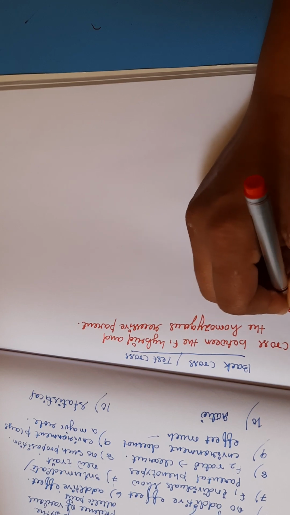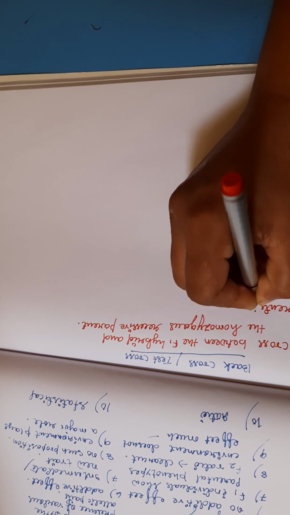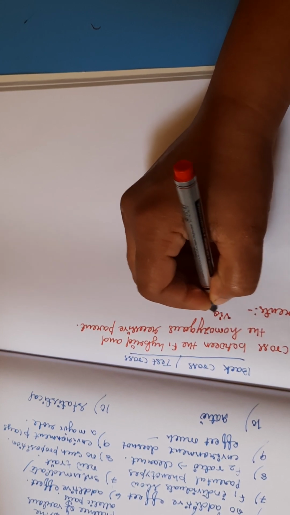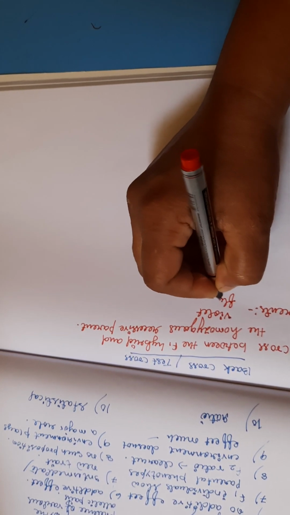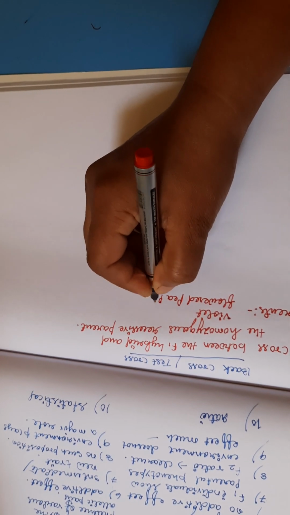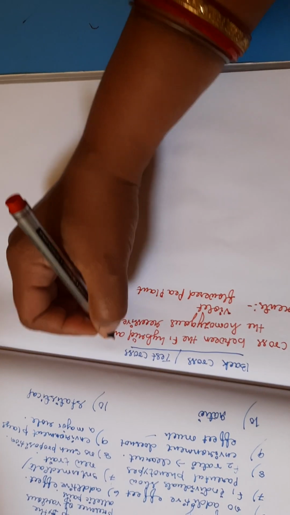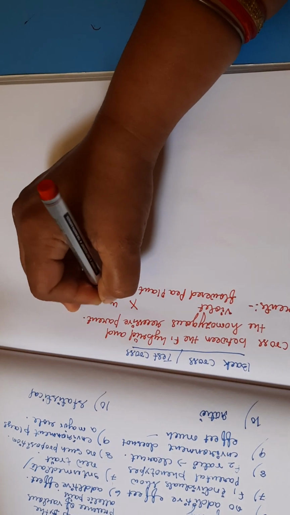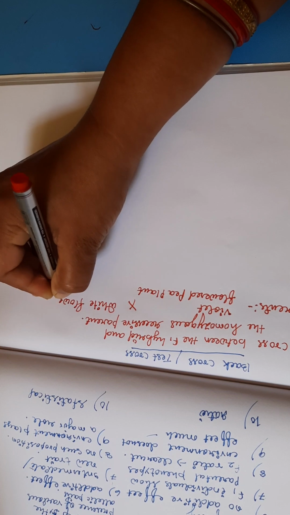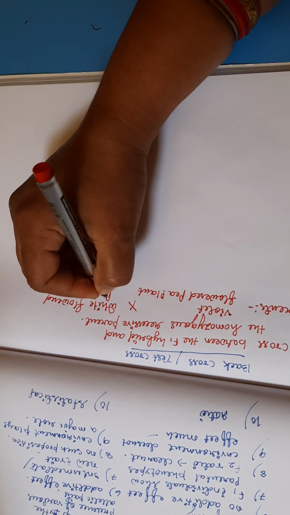So here the parents, suppose it is a violet flowered pea plant. It is crossed with a white flowered pea plant.